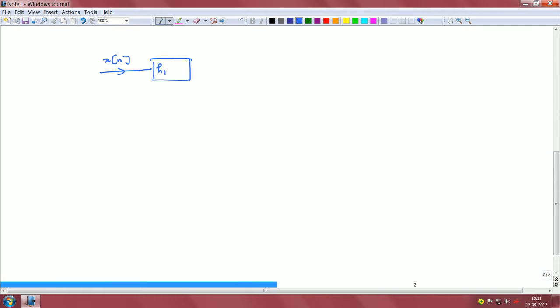So, we have some h1 of n followed by downsampling rate M1, dot dot dot, till we can go to I stages if we want to, or we could just restrict it to some say P stages.